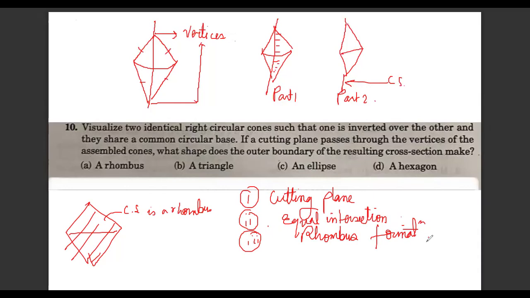The key point is the equal bisection of the height, which leads to the formation of congruent triangles and consequently a rhombus. While the cross-section may appear elliptical at first glance, a closer analysis reveals the presence of four equal sides and opposite angles, defining a rhombus. Therefore, the correct answer is A, a rhombus.